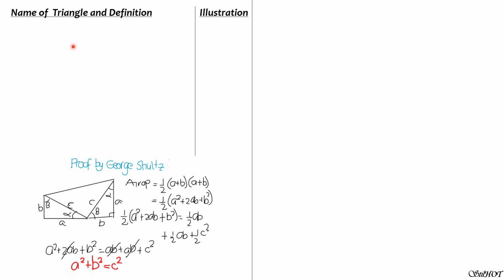We define it as a triangle having no right angle, and we can also define this triangle as an Escalene triangle because the sides are unequal, and the angles are also unequal. So here we have an oblique triangle.